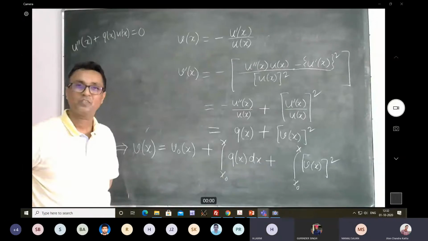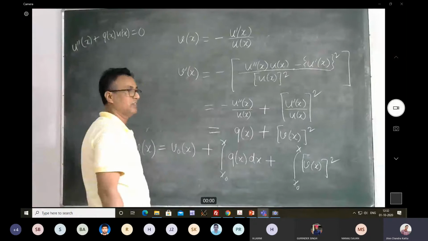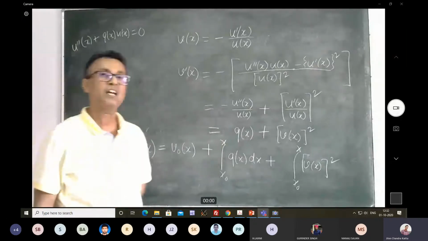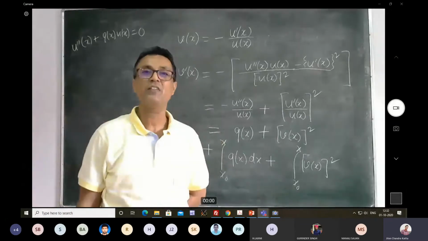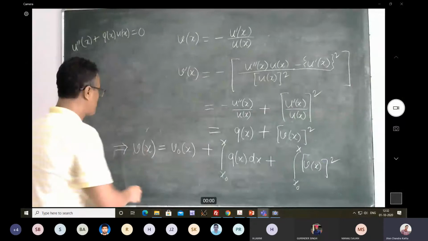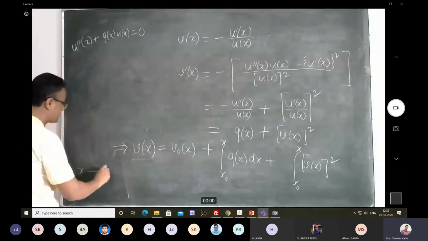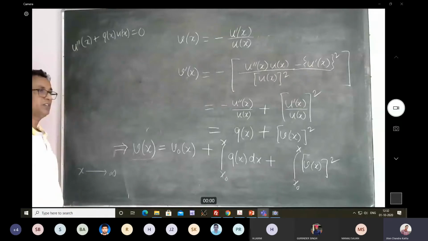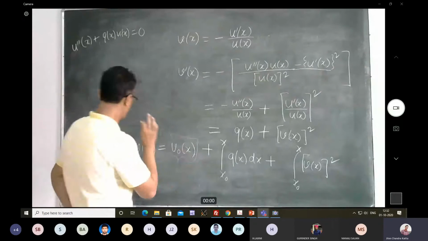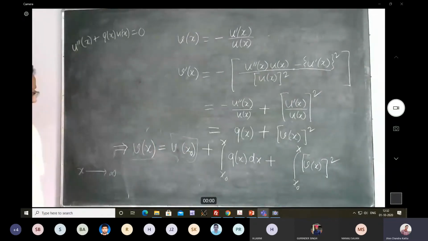Yes, sir. Isn't it? This x is the upper limit, right? That is a variable, and obviously this being the upper limit, I'm assuming that it is on the right side of x naught, right? So now my aim is to prove that v x is always positive. So if I take x sufficiently large, whatever may be, sorry, this is v x naught.